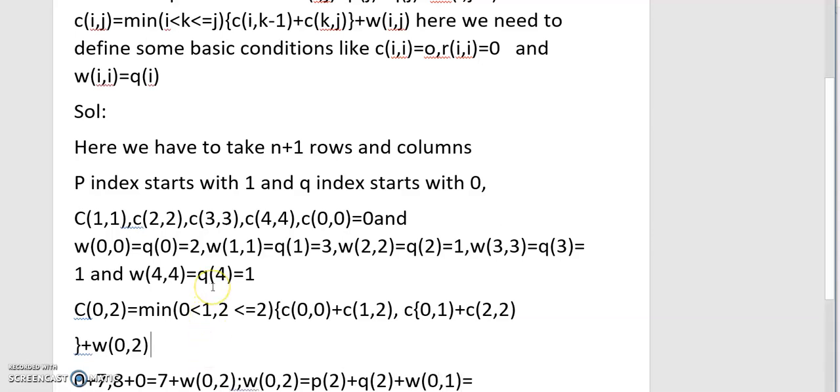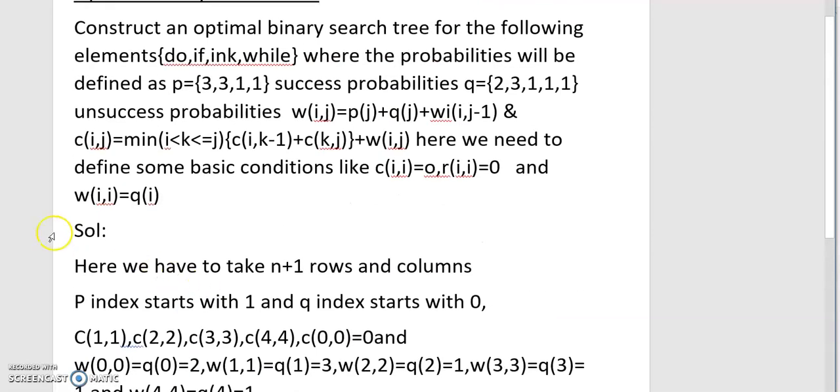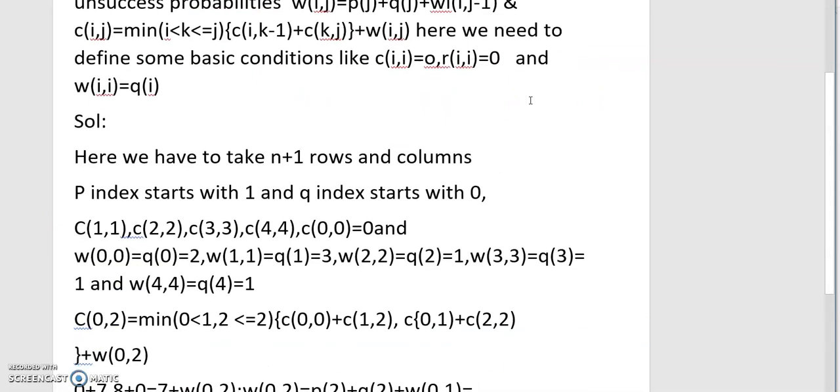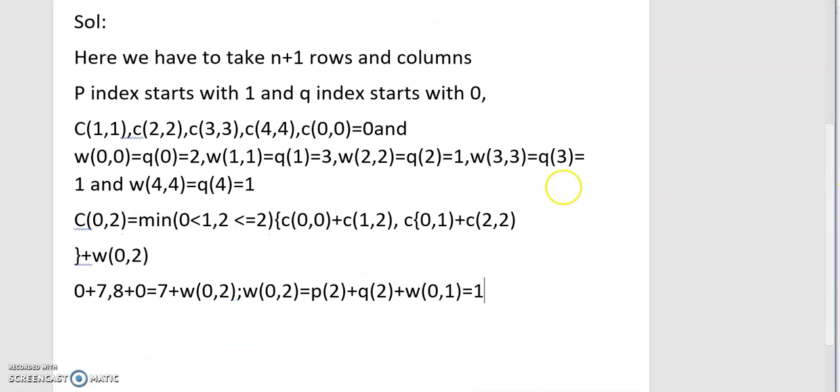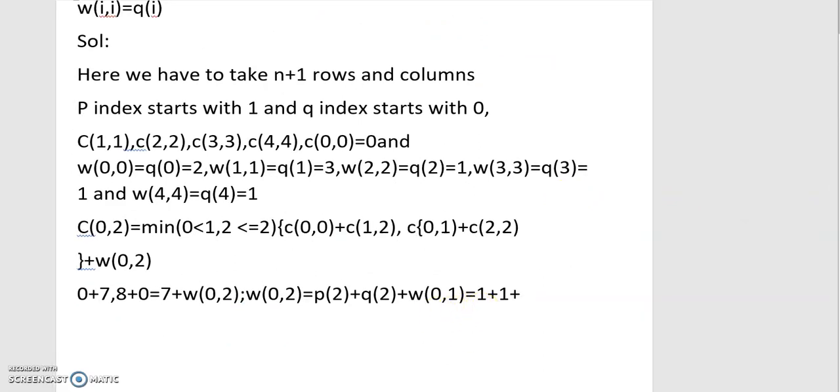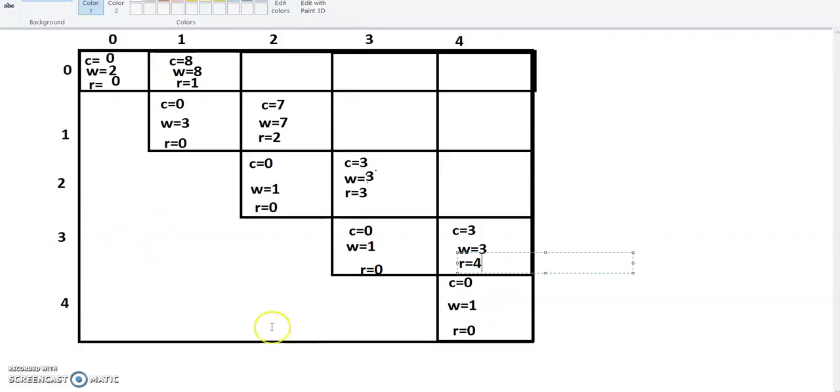P of 2, how much? Let's see, P of 2 means 1. Q of 2 is also 1. One plus one, and W of 0 comma 1 is 8.